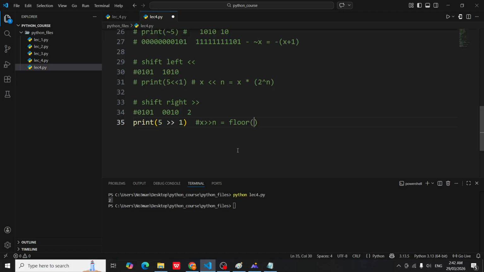Floor of x divided by 2 exponential n. So we discussed comparison operators and bitwise operators.